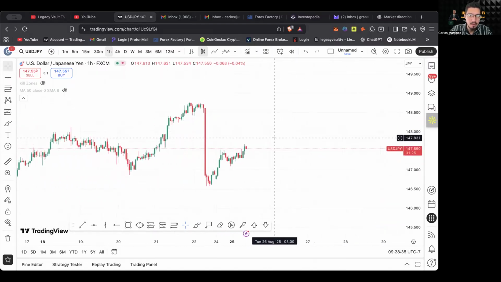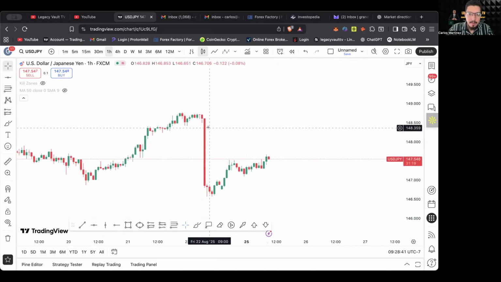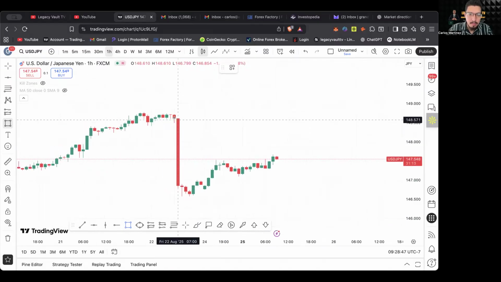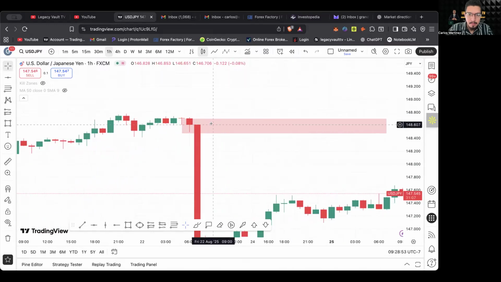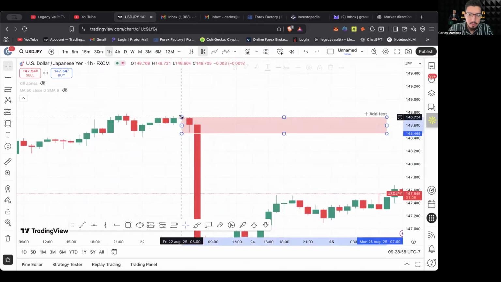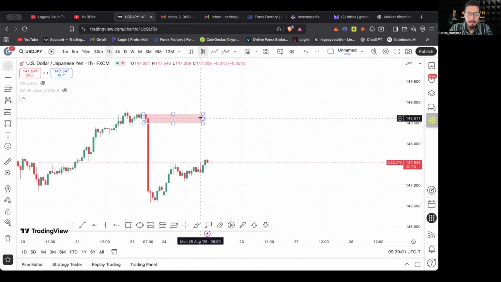So we have the US dollar against the Japanese yen. We see an imbalance here. We can draw out our supply zone from this wick, this order block here.